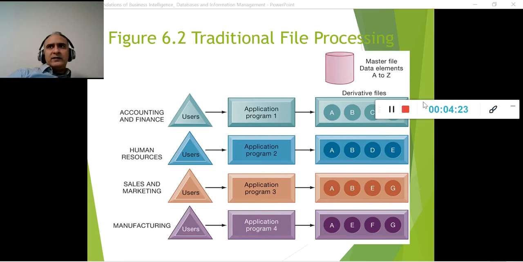So let's look at an example. We have already spoken about data silos. Data silos happen because we have different users in different departments. Look here, we have, for example, accounting, finance, human resources, sales and marketing, and manufacturing. They all have different kinds of information, and they have different applications. Maybe for human resources, I could deal with a very simple Excel form, and that's what I need.